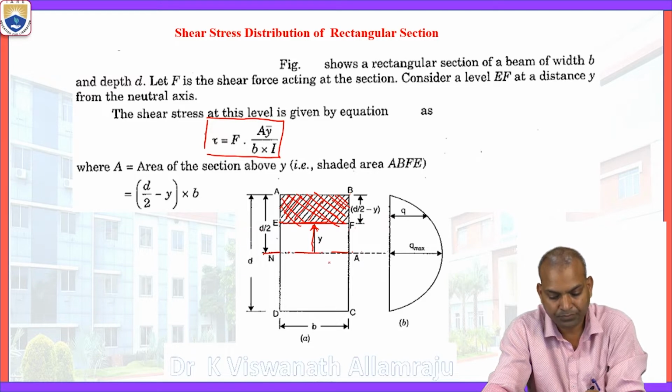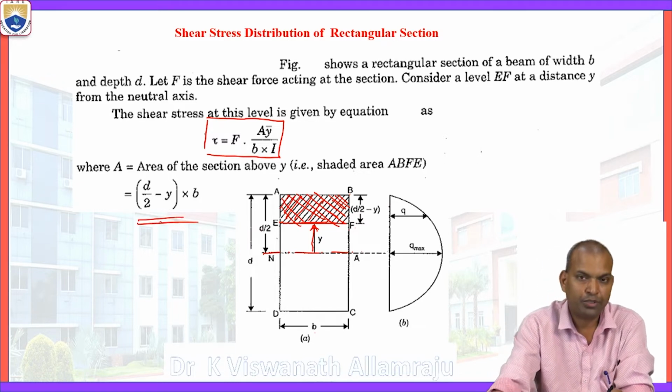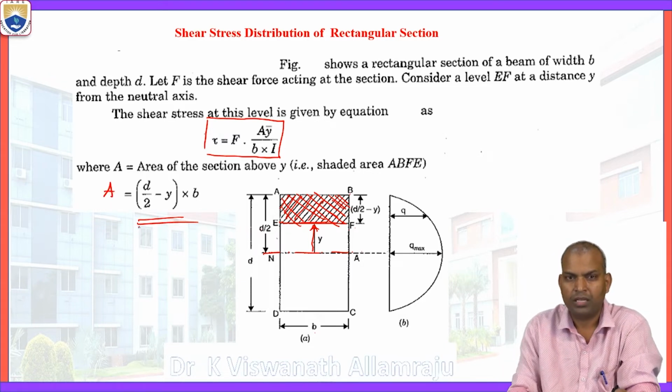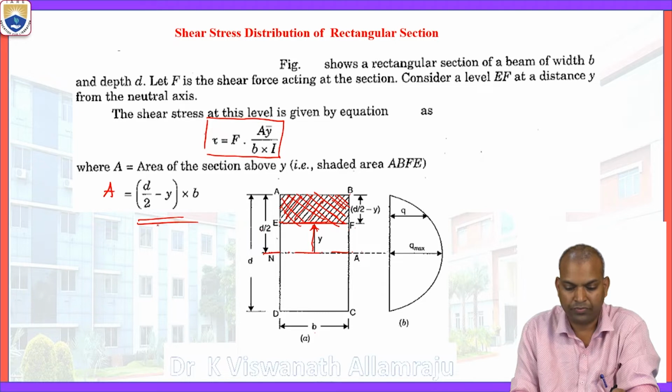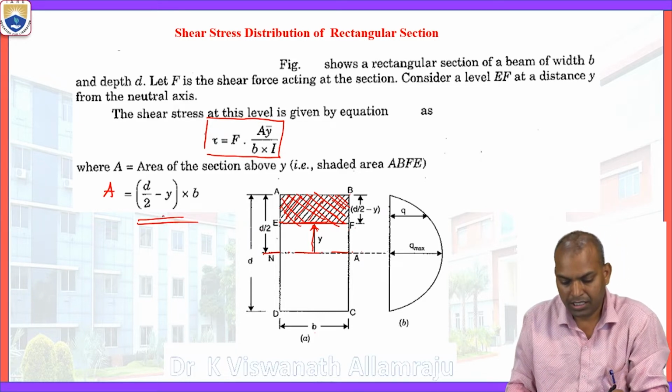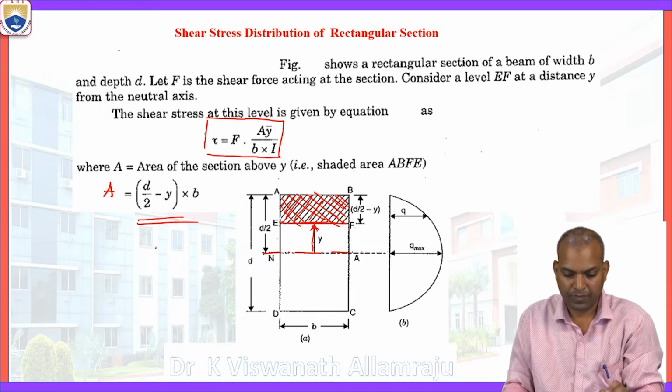So the area is B times the thickness D by 2 minus y. That is the area of the section above y, the shaded area ABFE.